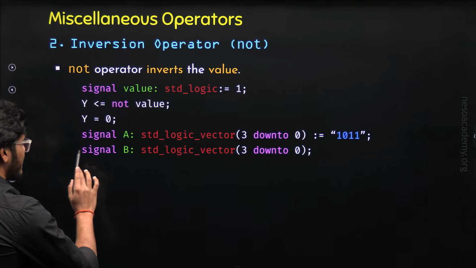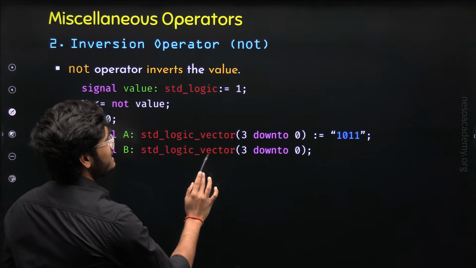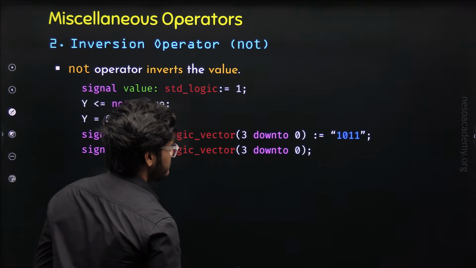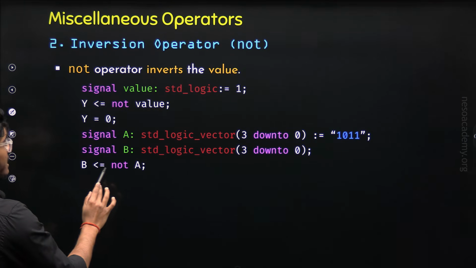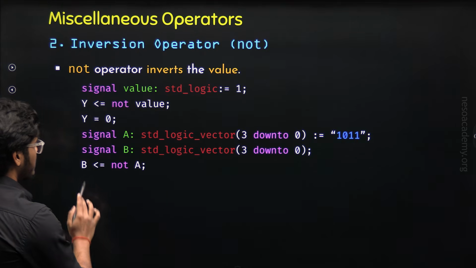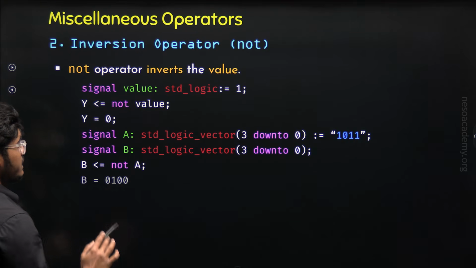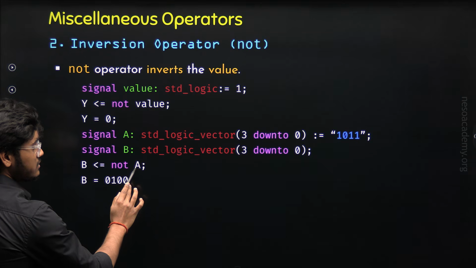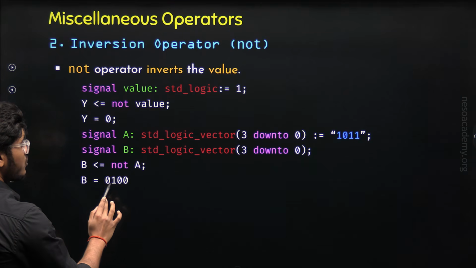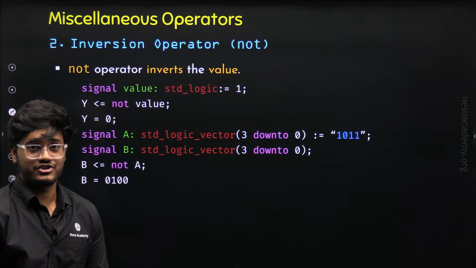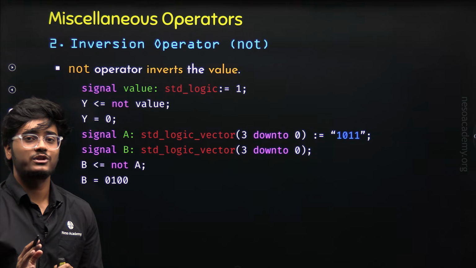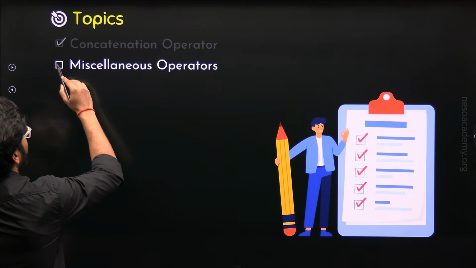For that, I am creating another signal B with the same data type and same length. Now let's see how to perform the operation. I will assign B as NOT of A. Now this signal B will store the inverted value of this vector A, which is equal to 0, 1, 0, 0. So this is inversion operation, and I hope you understand, which means we are done with our second topic, miscellaneous operators.